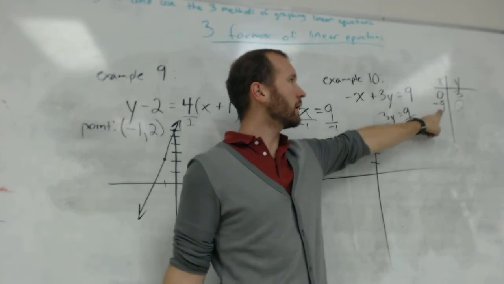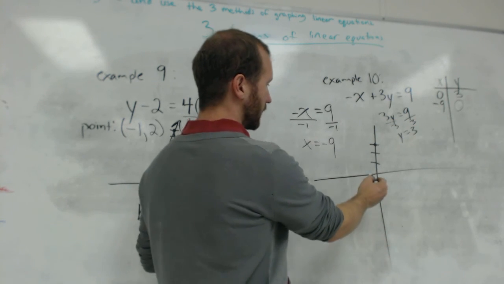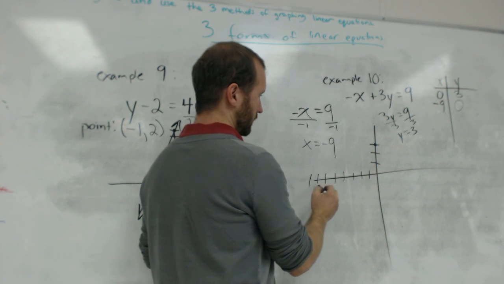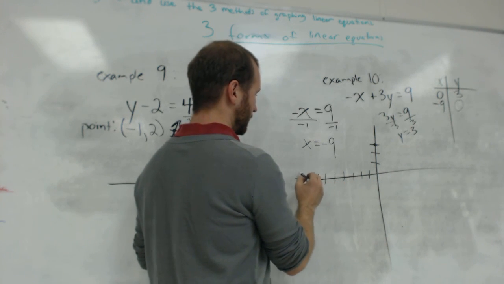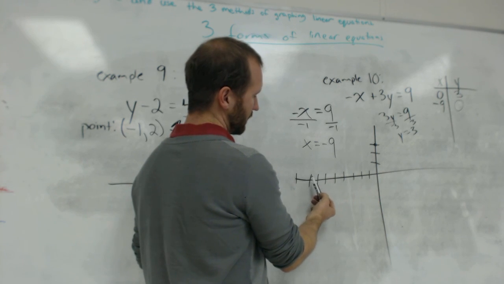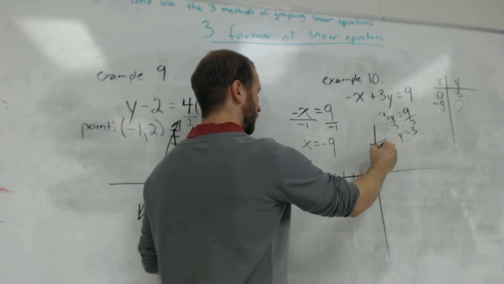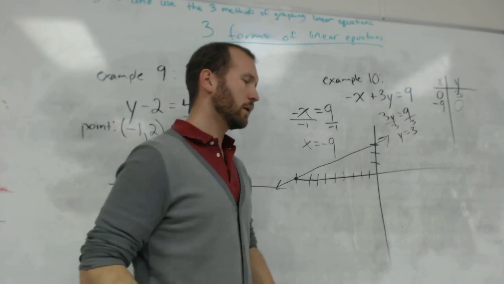And where is this point, negative 9? It's over 1, 2, 3, 4, 5, 6, 7, 8, 9. Did I count correctly? And then just over 9. There's my line.